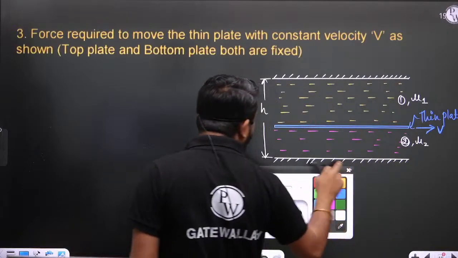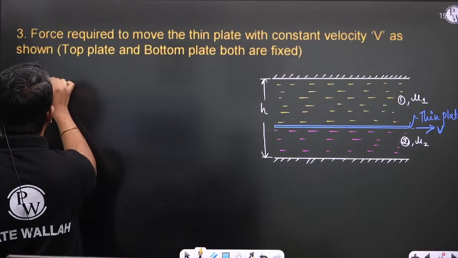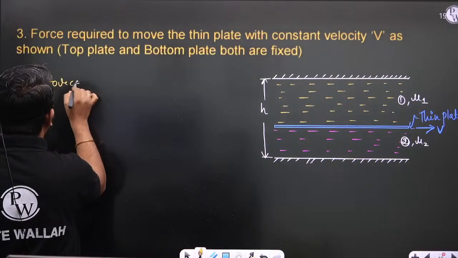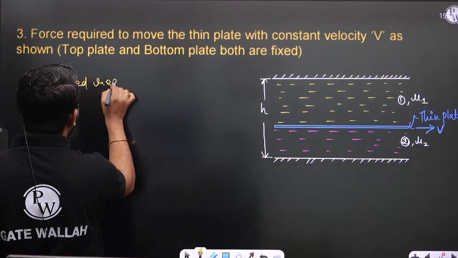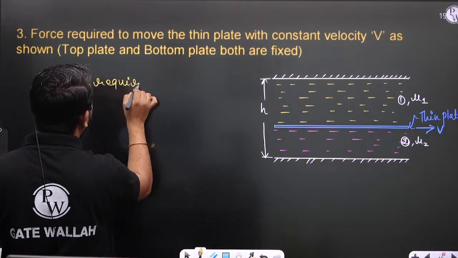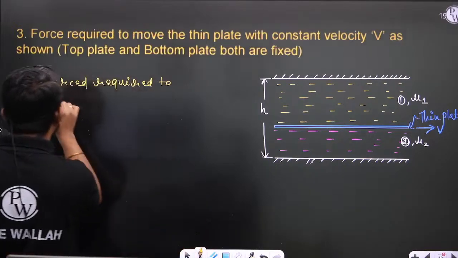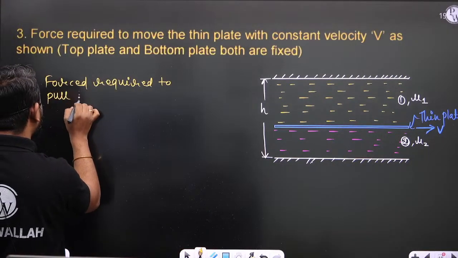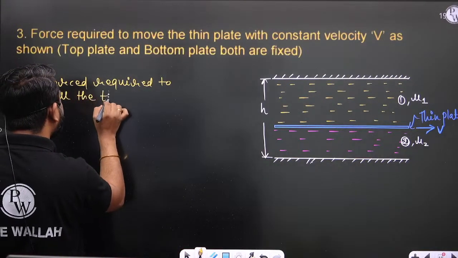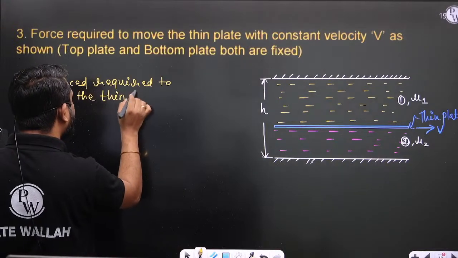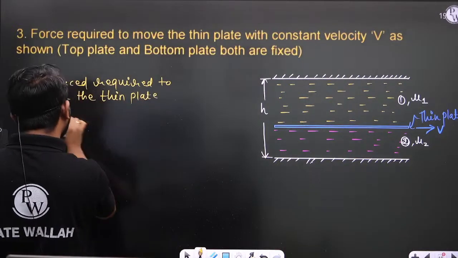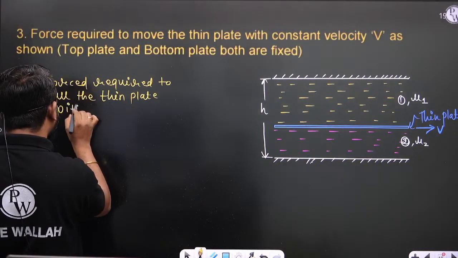So can anyone tell me the force required to pull the thin plate with constant velocity v?